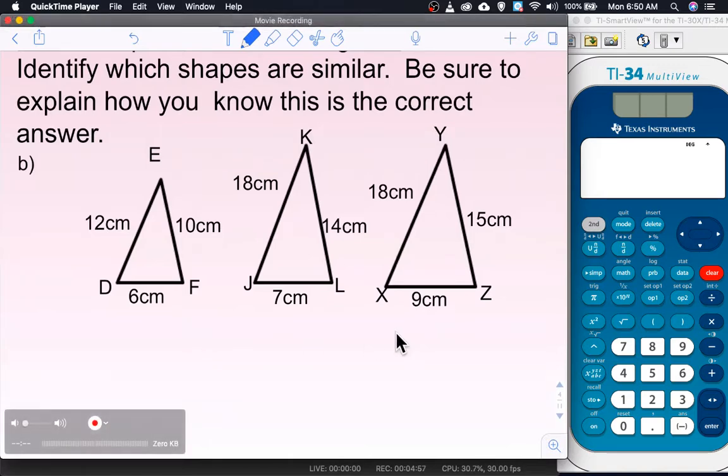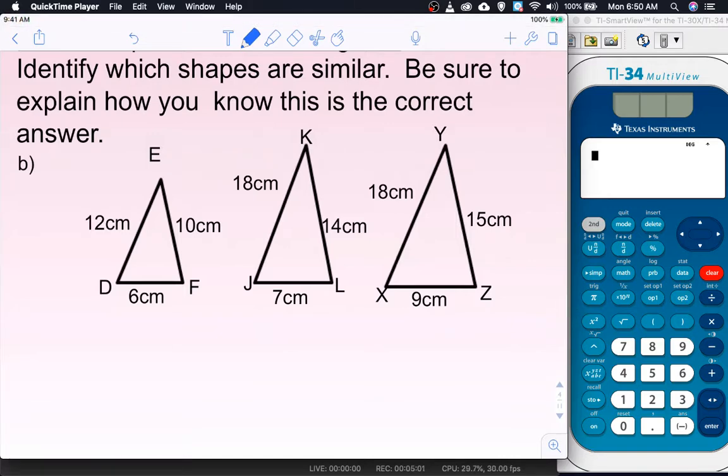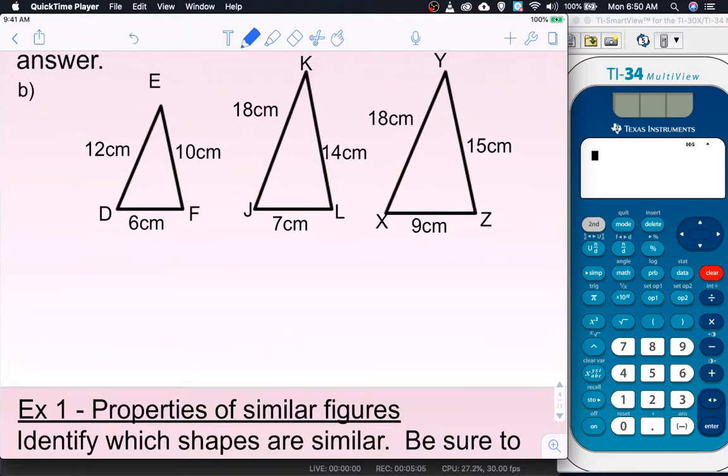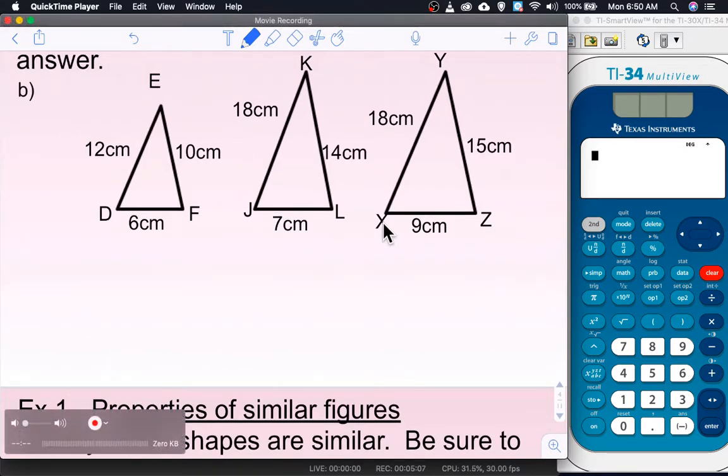So what we need to do is set up a proportion. Our proportion is going to compare our triangles. So I'm going to compare these first two triangles, these right here.